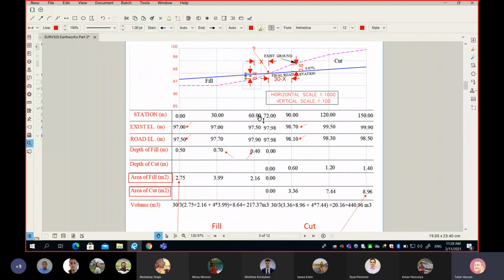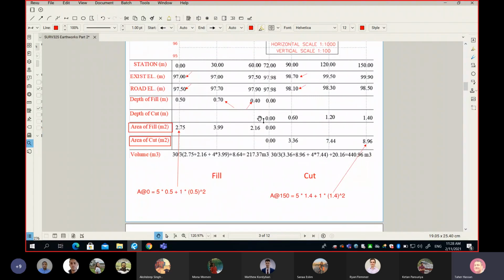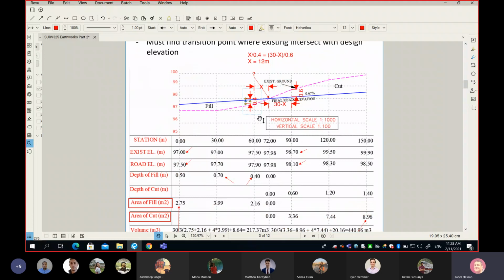Now remember, the volume of fill is between 0 to 72. Let's put some dimension lines. So the volume of fill goes from 0 to where the line meets.